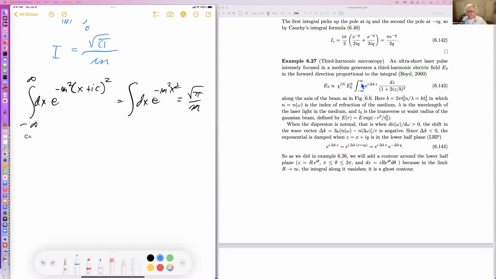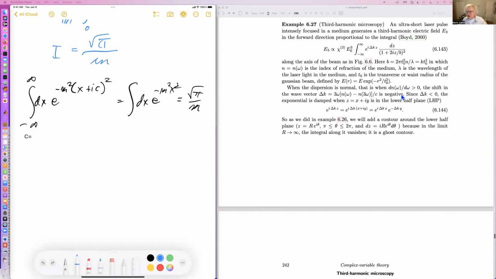And it's along the axis of the beam. And here I'm saying B is this, and n is the index of refraction, and so forth. Lambda is the wavelength, r0 is a transverse radius, and so forth. The electric field looks something like this.